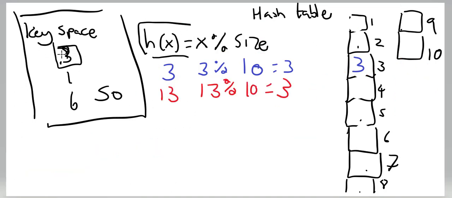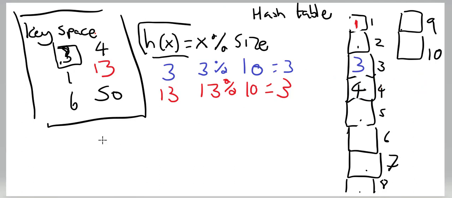So if we were to go in order, putting these elements in, we would have 3, 1, 6, and 13. Uh-oh, collision. So with linear probing, we start here where the collision is, and we search for the next free space. Is there a free space here? Yep. So let's put it in here. And that is linear probe.